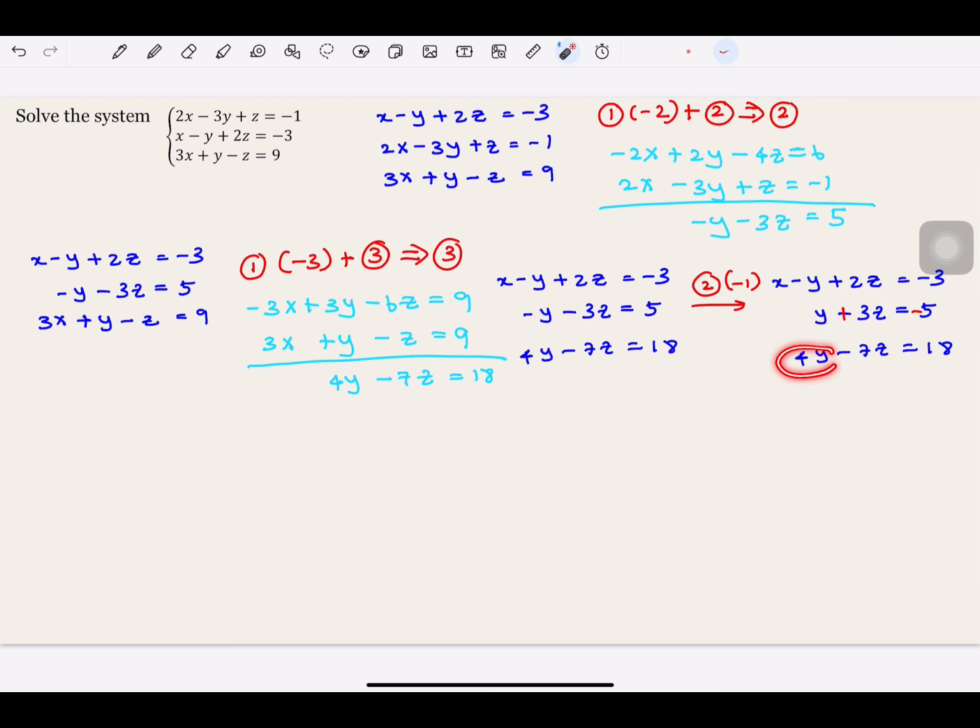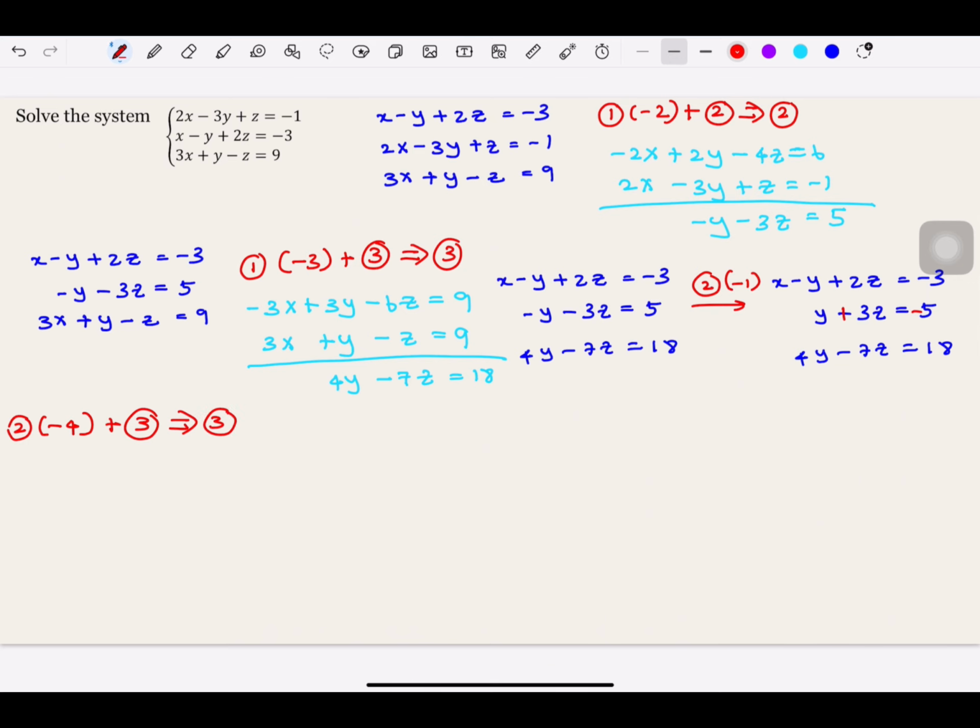And since here we have a positive 4, I'm going to multiply the second equation by negative 4 and add it into the third equation. So let me write the notation. So I'm going to take my second equation and multiply it by negative 4, add it into the third equation, and replace the third equation with the resulting equation.